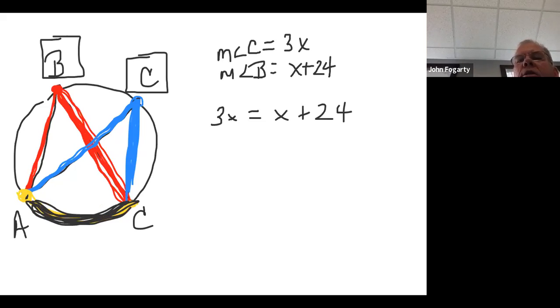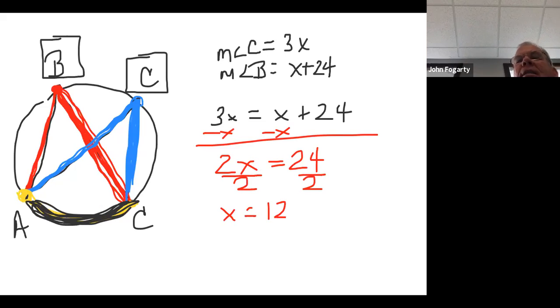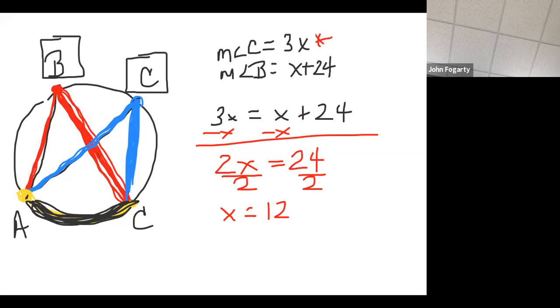So then I just solve that. 3x equals x plus 24, so 2x equals 24. Divide both sides by 2, and I get x equals 12. Now, fellas, that doesn't tell me what the angle is. If I tell you x is 12, what's angle C?